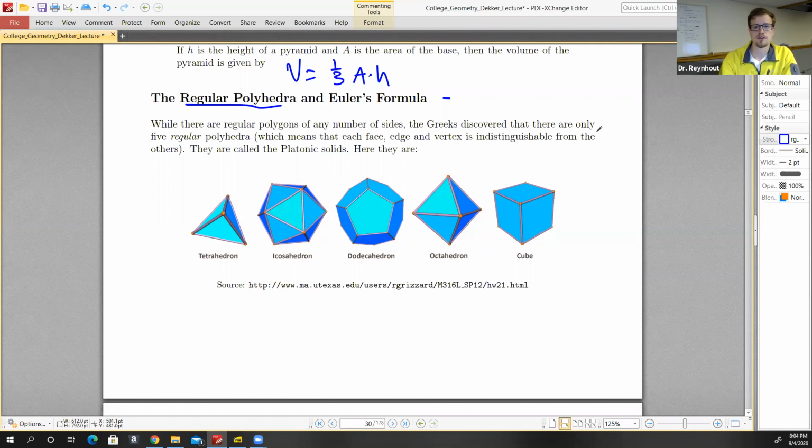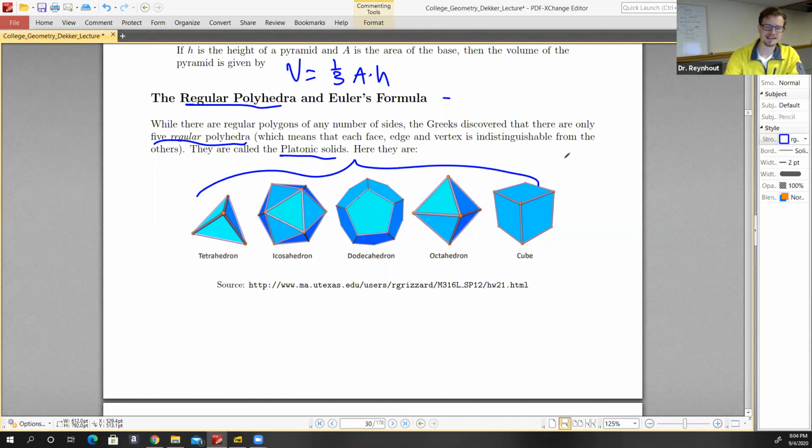So there are only 5 regular polyhedra, and these are exactly it. Another nice name for them is the platonic solids, but these are the regular polyhedra.